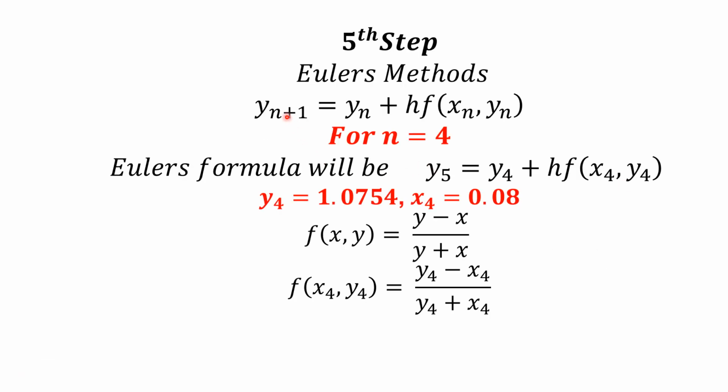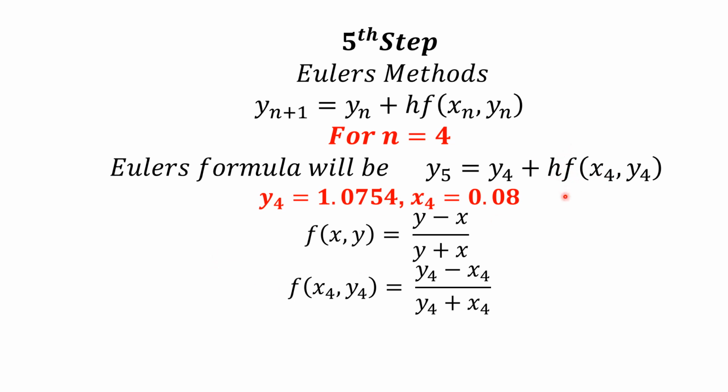Fifth step. This is also the same formula, that is y(n+1) equals yn plus h f(xn, yn), right? For n equal to 4, I will write. So put n equal to 4 here, that is y5 equals y4 plus h f(x4, y4).